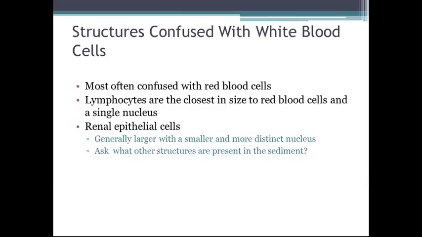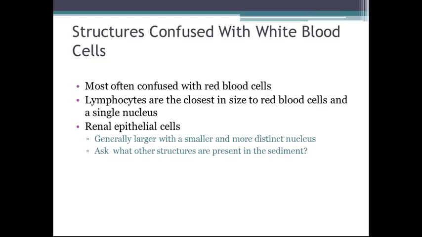Structures confused with white blood cells are oftentimes red blood cells. Lymphocytes are the closest in size to red blood cells, and a single nucleus is present within the white blood cells.